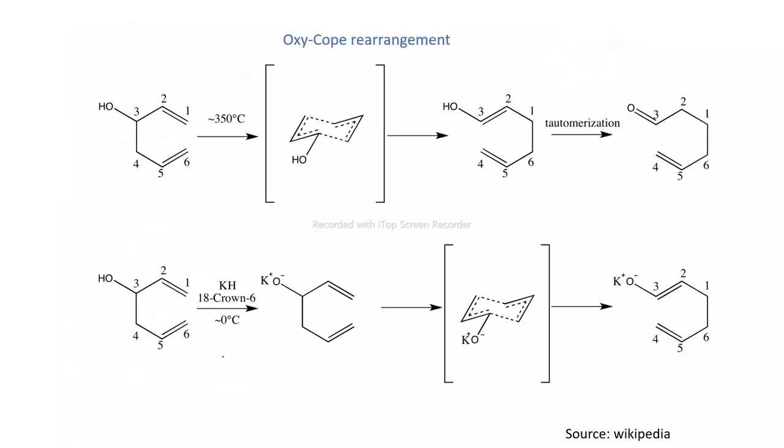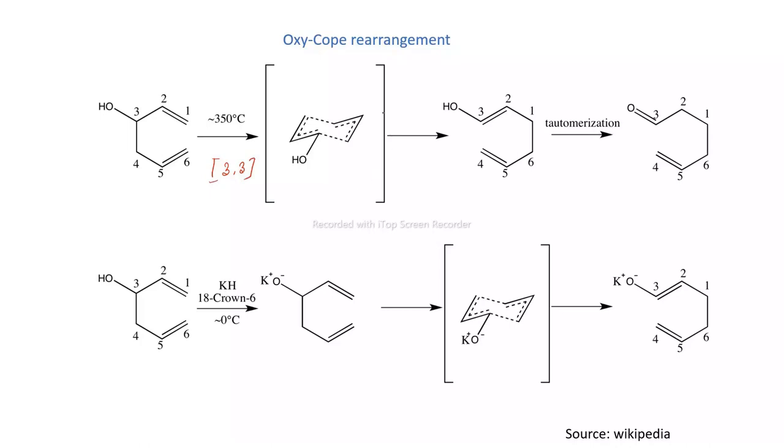The reaction is basically a name reaction, the oxy-Cope rearrangement, in which there will be one OH group, and at high temperature there is a possibility of a 3,3 sigmatropic rearrangement.